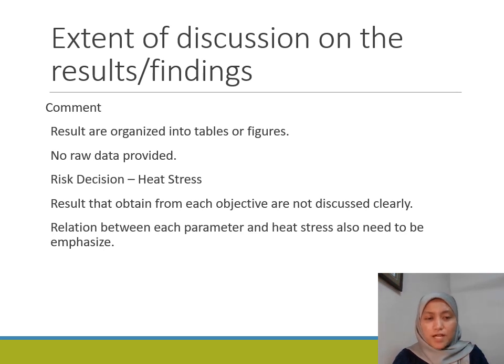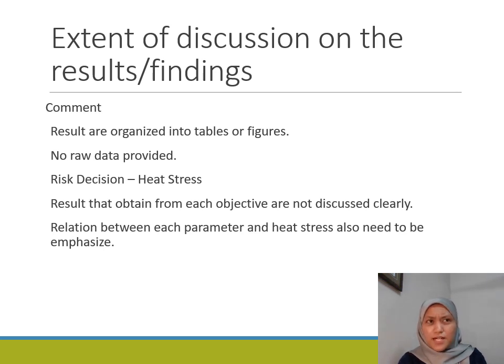So yeah. And then the results they obtain from each objective are not discussed clearly. What I mean is that it is good that in the report each of the elements' results is discussed, but the relation of these results is not discussed.